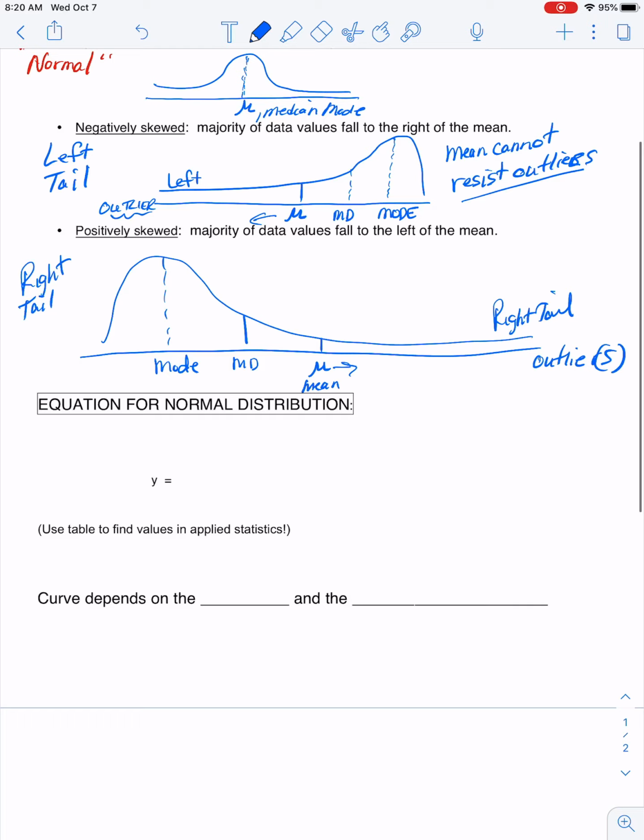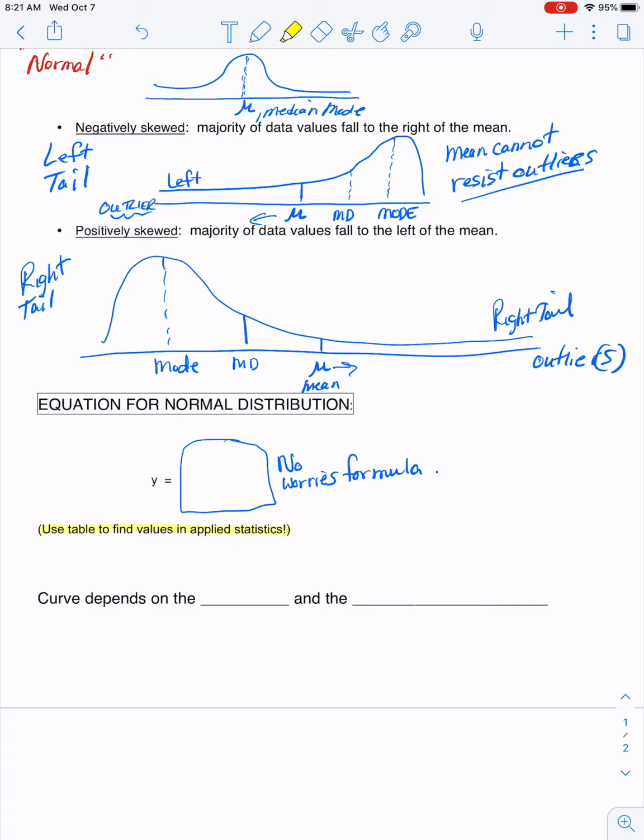So on your guided notes, at this point in time, right in here on your notes is a pretty fancy looking formula. I'm going to say no worries with this formula, because to start off our introduction, we're just going to use the table to find the values that we need.